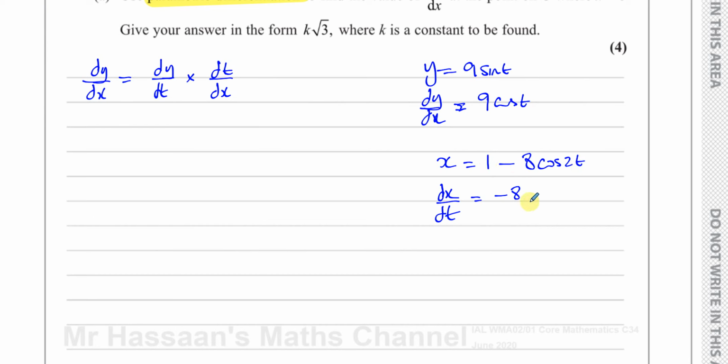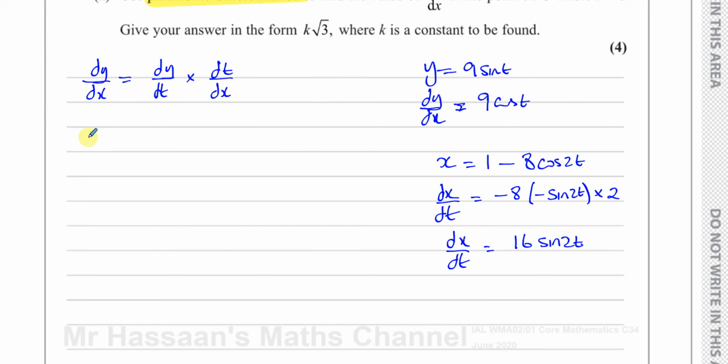Now if you differentiate cosine 2t, you get minus sine 2t, and because there is a function inside, 2t and not just t, you have to multiply by that 2. So for dx/dt, a minus and a minus is a plus, 2 times 8 is 16, so you're left with 16 sine 2t. That's the chain rule.